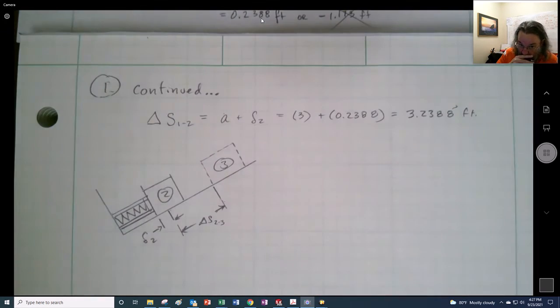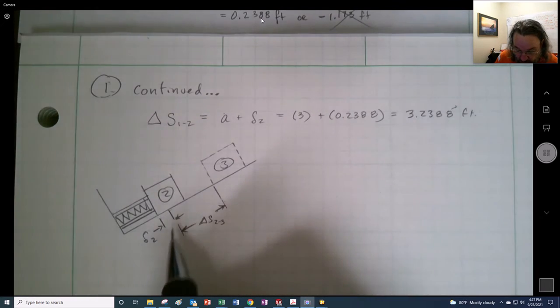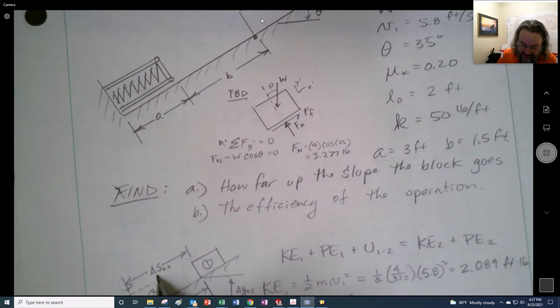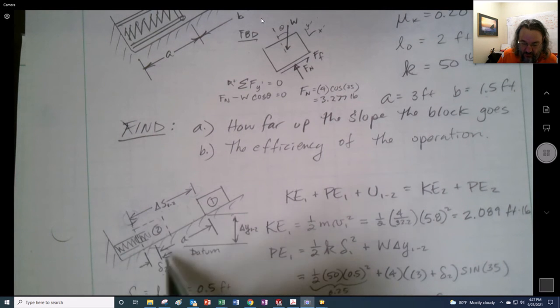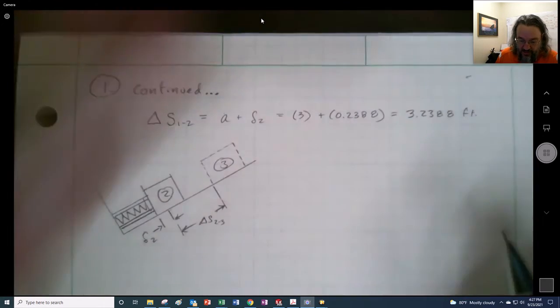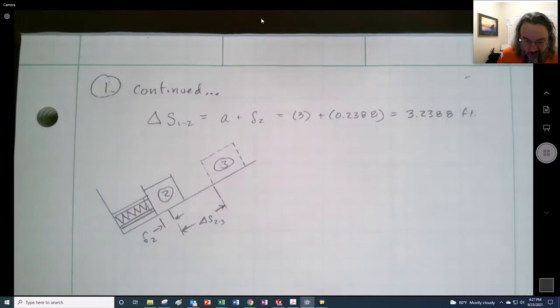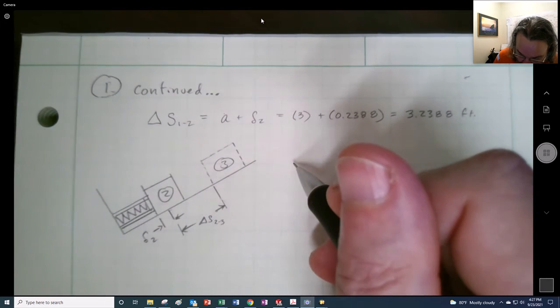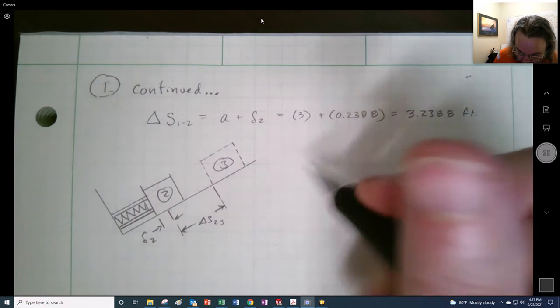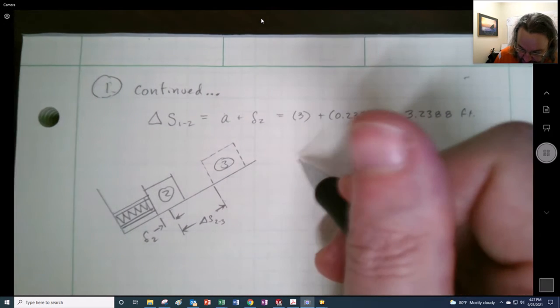We have to remember, because down over here, I defined my del S1 to 2 as all the way through that it went, right? So we're actually finding from this edge upwards as opposed to from the very bottom. That's what's giving me kind of pause in terms of the way I decide to arrange the thing. But yeah, I could fill out other things on here as I need to go through.